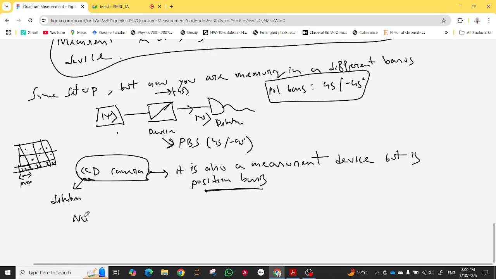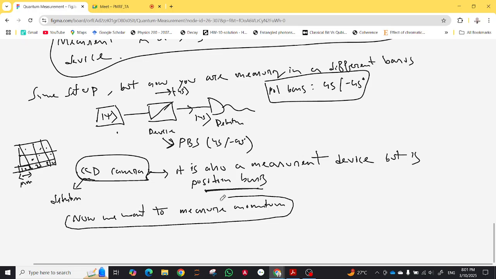Suppose now we want to measure momentum. Now you want to measure the momentum. So now your basis is momentum basis, right?